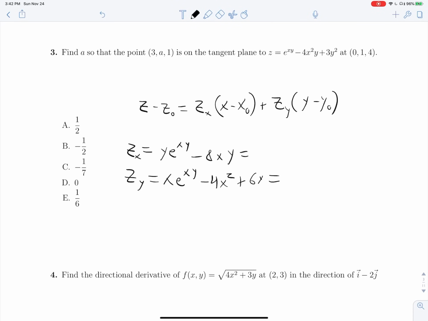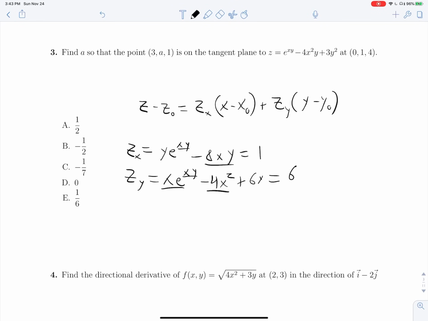So at 0, 1, anything with an x in it, so this term, this term, and this term are all going to be 0. And also our e to the xy will work out to 1. So this is going to simplify down to 1, and this is going to simplify down to 6. So now we actually have everything that we need to set it up.